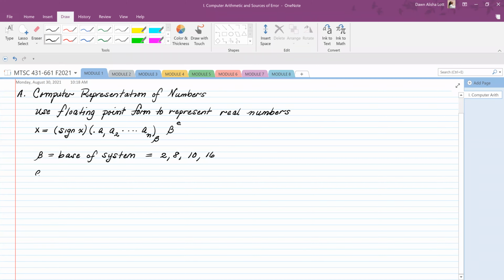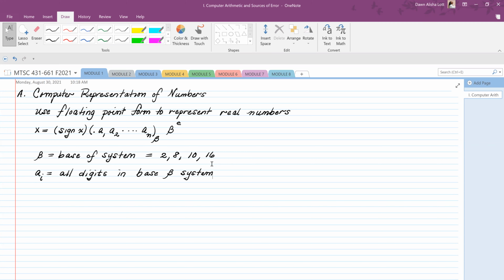The Ai are all digits in the base beta system. So for example, if it is base 2, then the only numbers that will exist will be zeros and ones. If it's base 8, the only numbers that will exist will be 0 through 7.